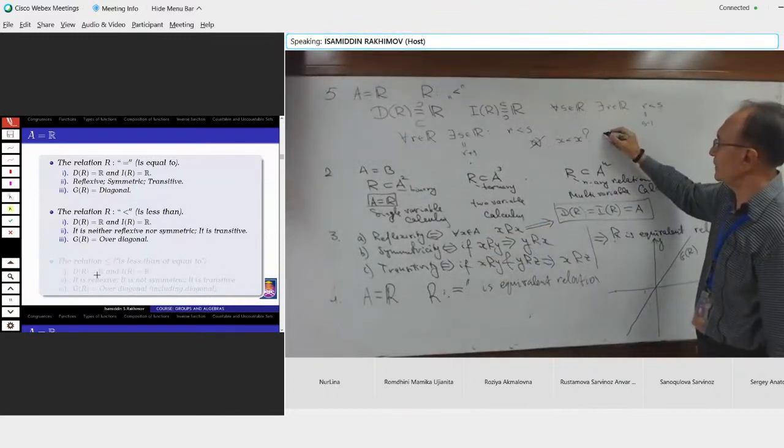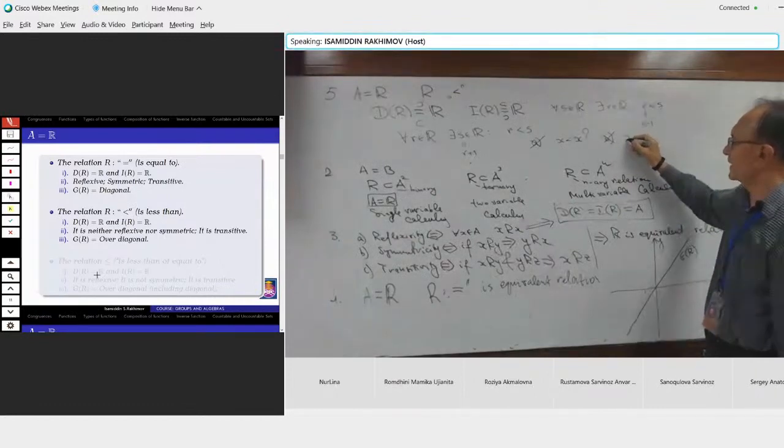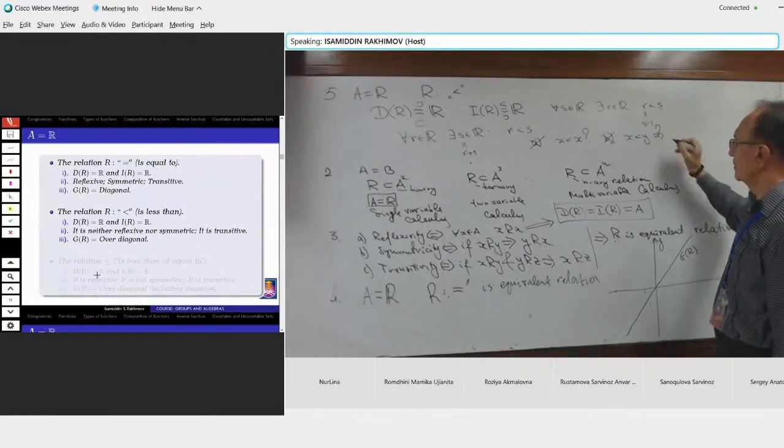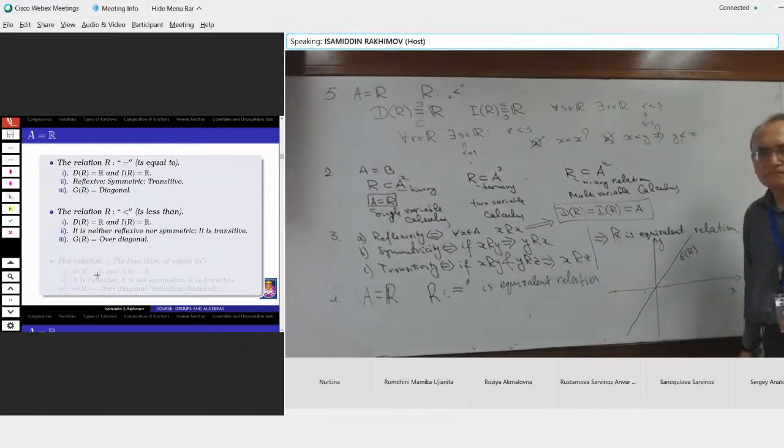Symmetricity also doesn't hold, because if x is less than y, then y is not less than x, since it is already given that x is less than y.